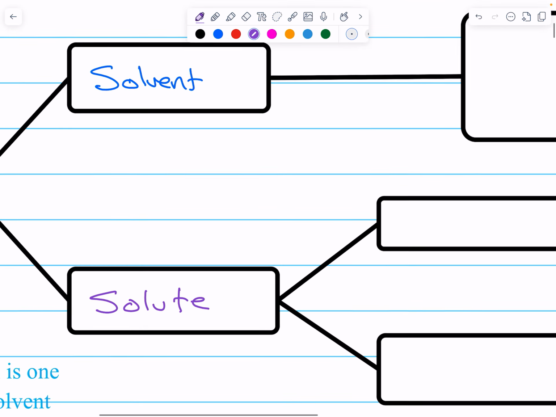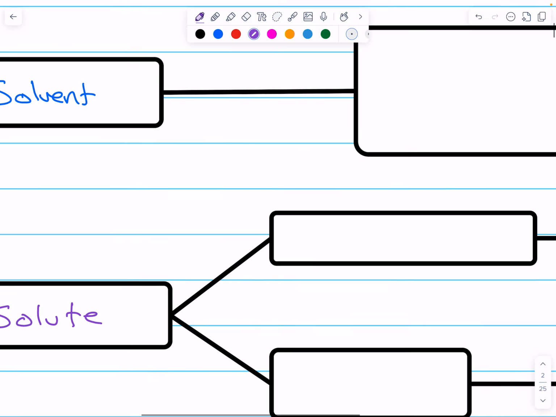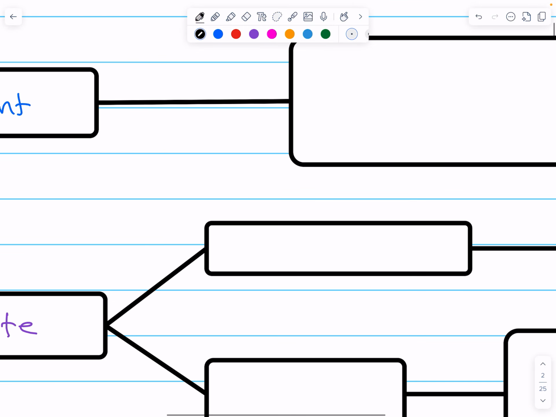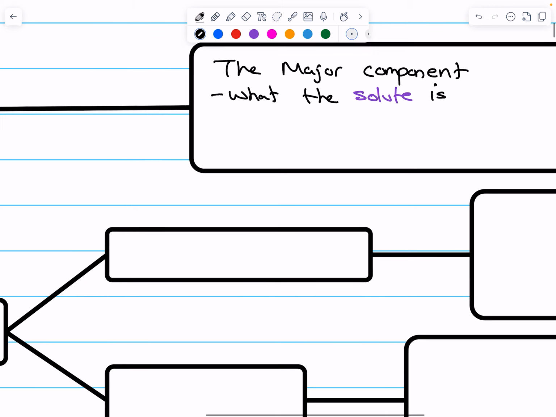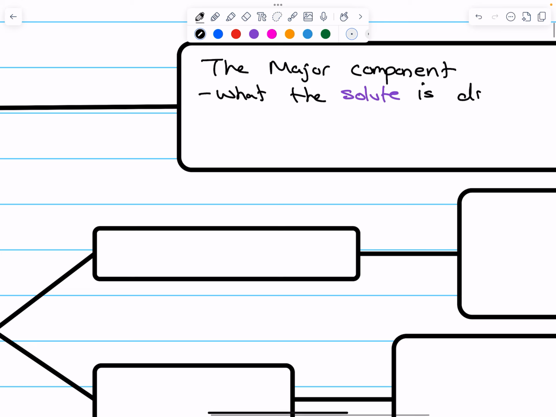The solvent is the major component. It is what the solute is dissolved in.